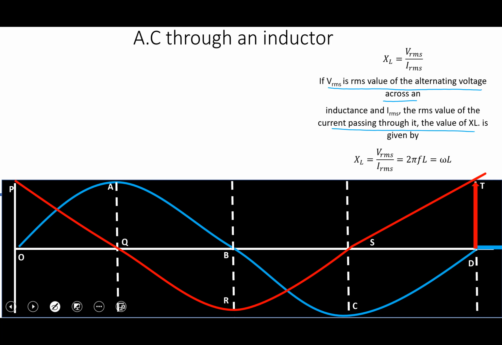XL is given by Vrms divided by Irms, or it is represented by XL equal to omega L. Instead of omega, we can say 2 pi f, so XL equals 2 pi f L, where instead of 1 over T, I'm going to write f. So this is what is written over here.